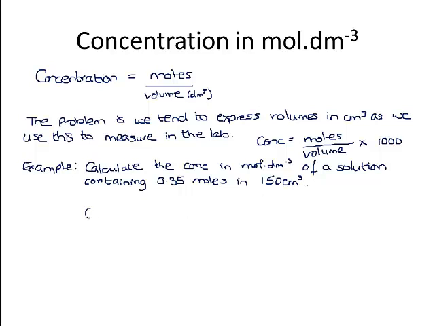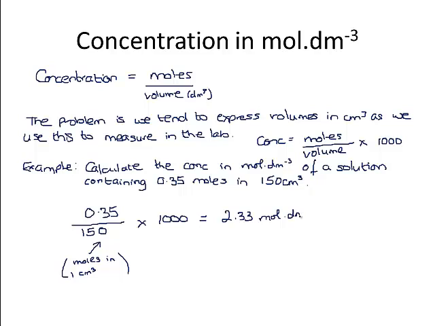So we take our 0.35 and divide it by 150. This fraction here gives us moles in 1 centimetre cubed, and then we multiply that by 1,000 to get the number of moles in 1,000 centimetres cubed, which is a decimetre cubed, and that gives us the answer 2.33 moles per dm cubed.